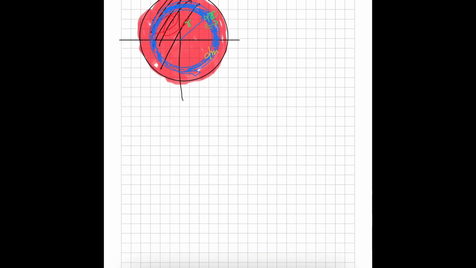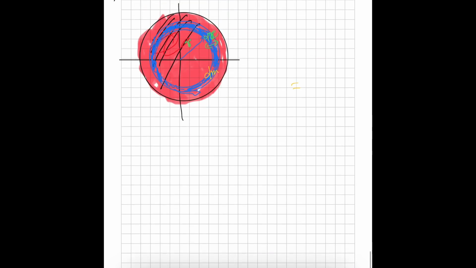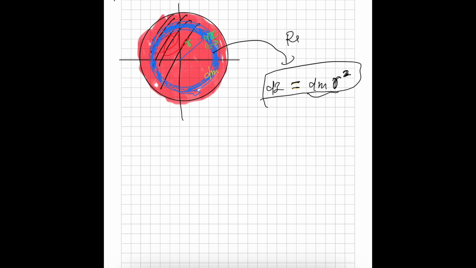So I already know the moment of inertia for the ring: dI = dm r square. This will be the moment of inertia of this ring element, and we can have some smaller ring.